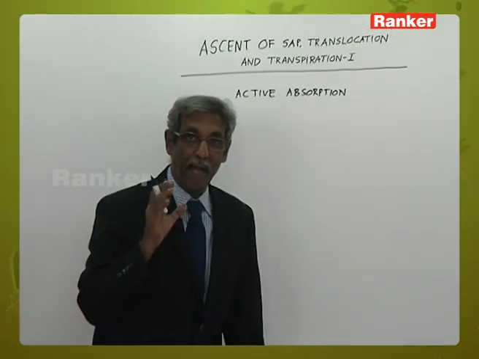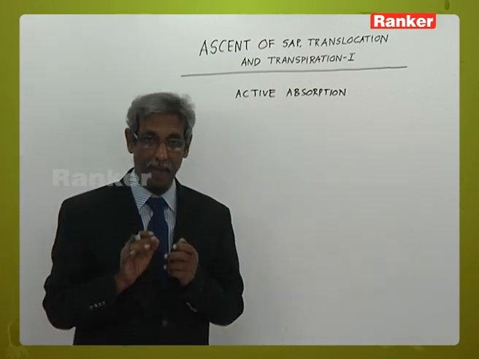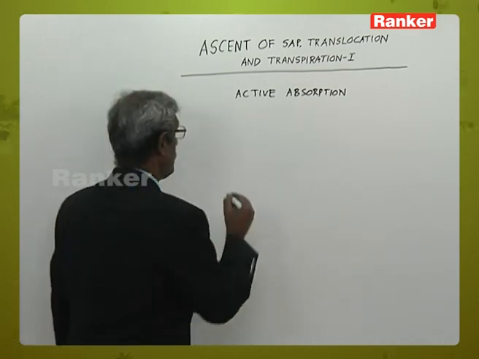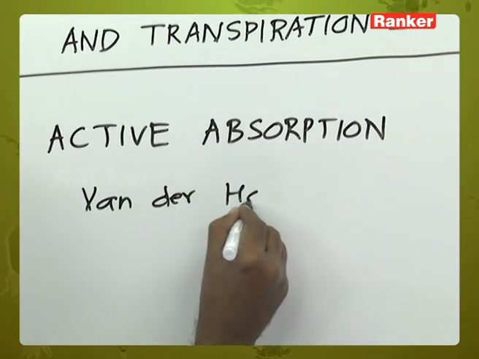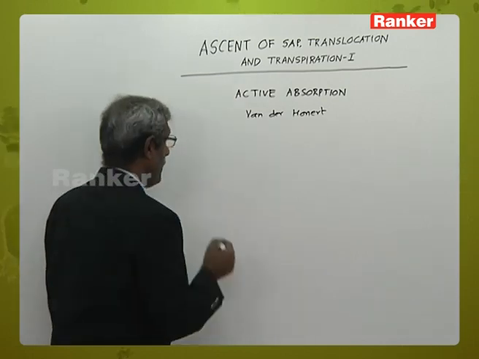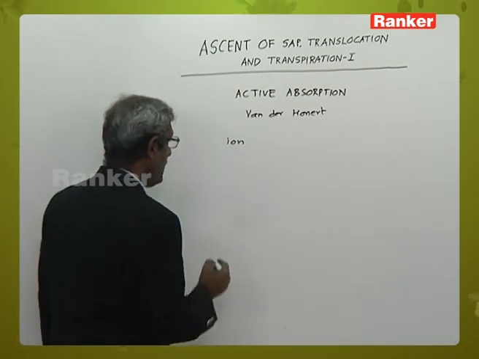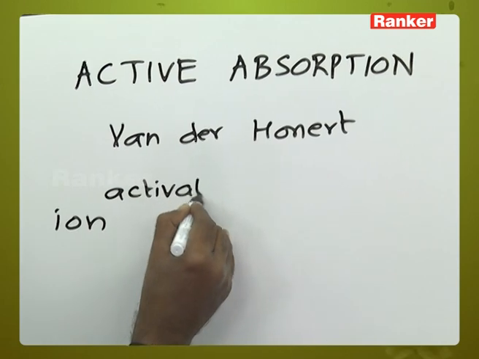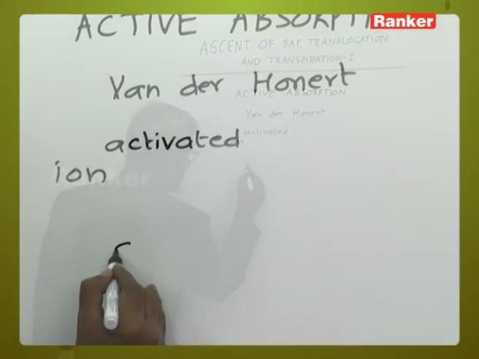Now, what is meant by active absorption of ions? Active primarily refers to utilization of ATP, and it has been studied as implied by van der Honert. So, supposing we have an ion and the ion is activated. When you say an ion is activated, it means it is charged.